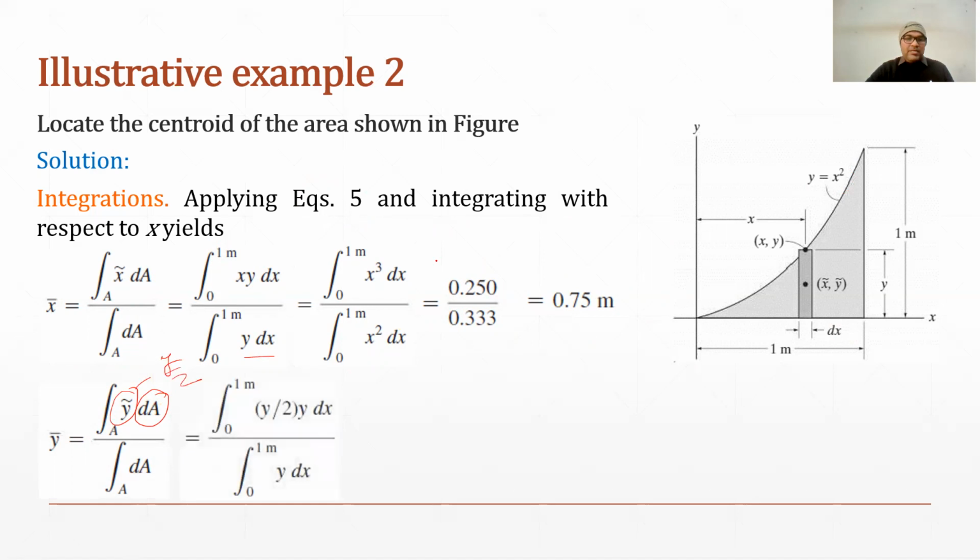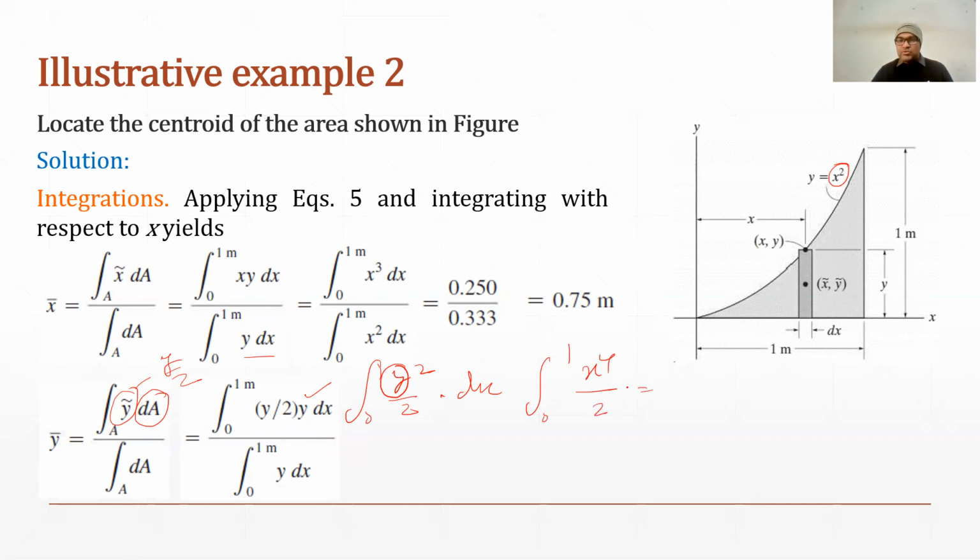So replacing this, this becomes y square by 2 into dx. Now we have to replace this y with the function of x. So replacing y equals x square, we will get x to the power 4 by 2.